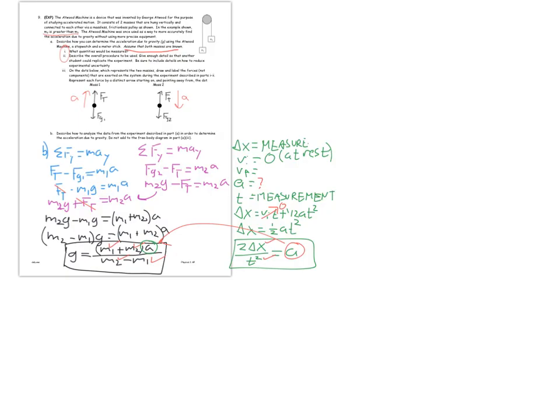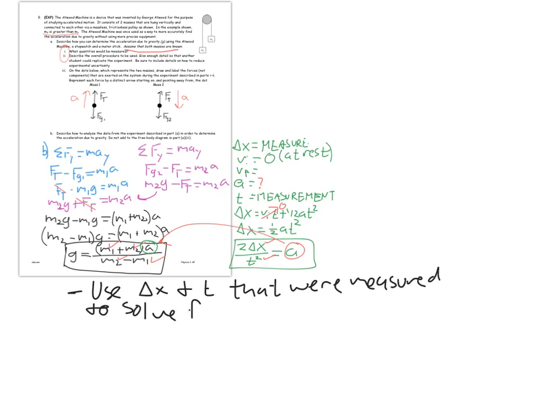Here's what I would say to supplement all this math and derivation. I would say use the displacement and time that were measured, and we'll talk about how we have to measure those when we discuss our procedure in part A. So use displacement and time that were measured to solve for acceleration. You can even reference the equation that we just derived, that a is 2 delta x over t squared.